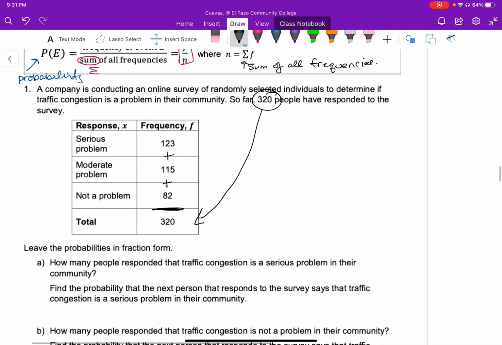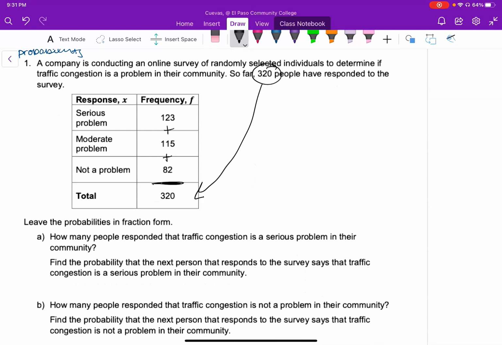Let's go ahead and take a look at the questions. Leave the probabilities in fractional form. How many people responded that traffic congestion is a serious problem in their community? So we're just looking for people. 123 people responded.